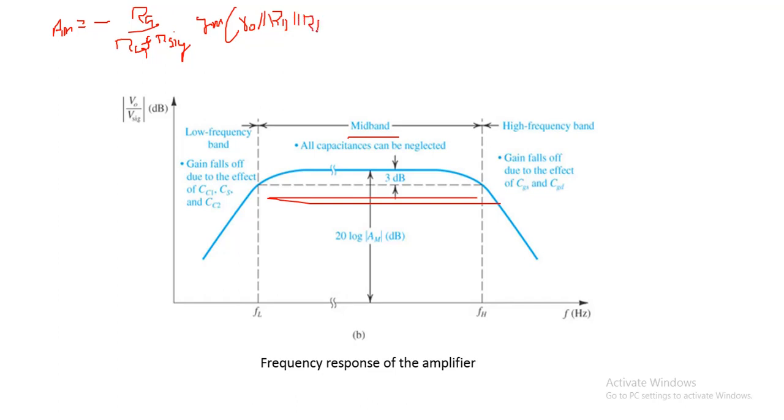This derivation we have already seen in the previous section. So this is the mid-band gain equation of the CS amplifier.